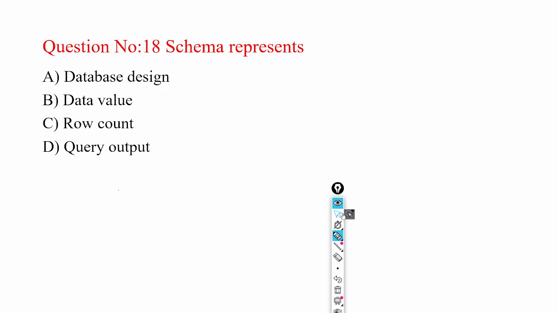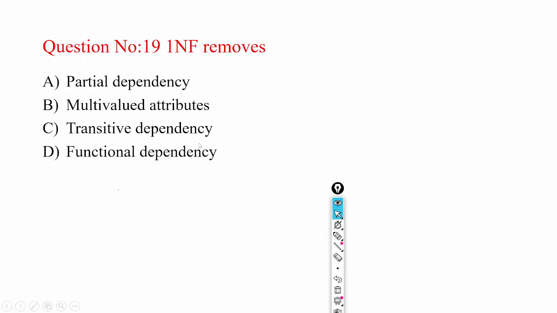Question number 19. 1NF removes: partial dependency, multi-valued attributes, transitive dependency, or functional dependency. The correct answer is option B, multi-valued attributes. It ensures atomic values only.